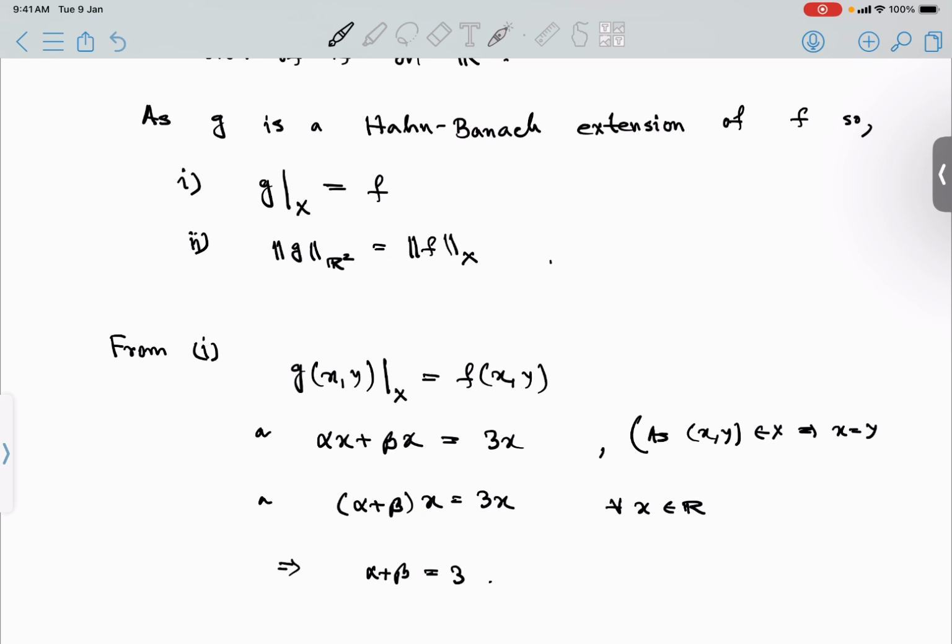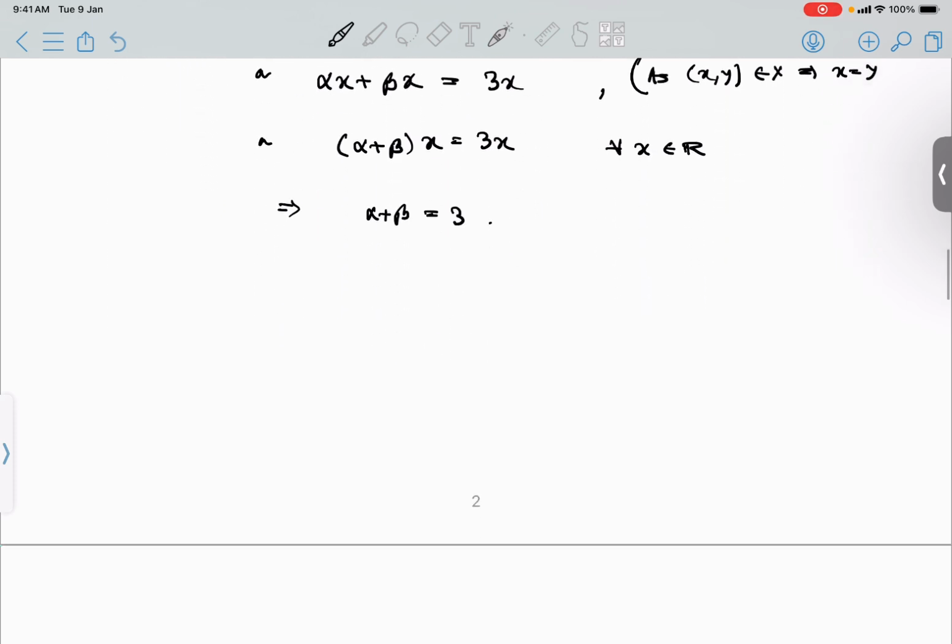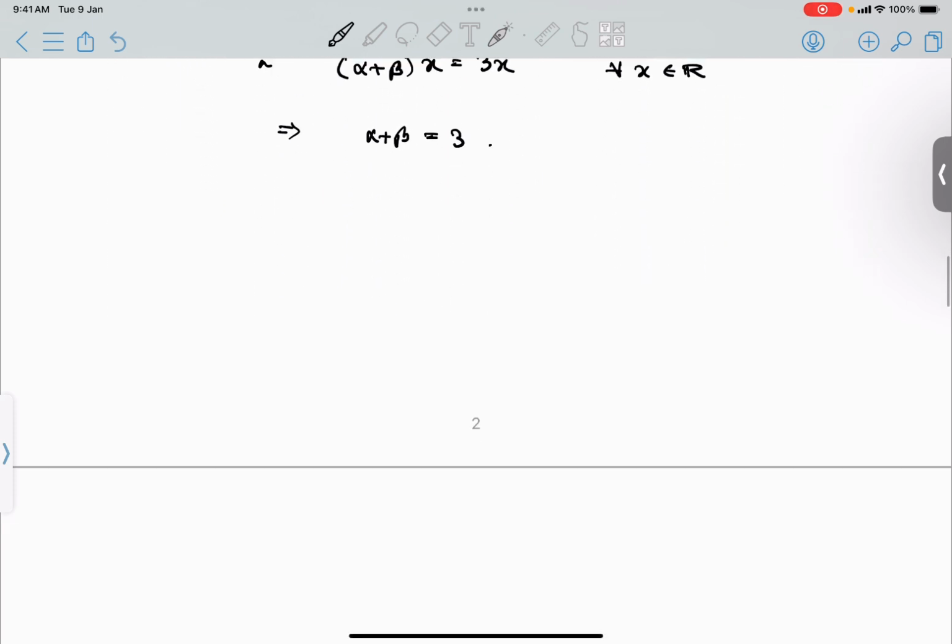So for that we need to compute the norm of f and the norm of g. So what is the norm of f?